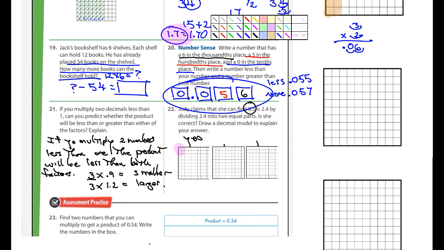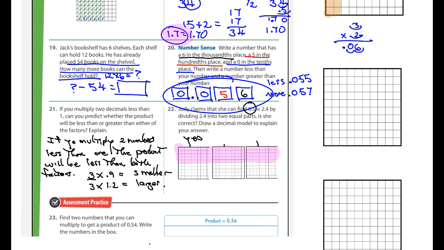So 1, 2, 3, 4, 5. Okay, so half of them are colored. And I still need to make that smaller. I don't think that's making it smaller.